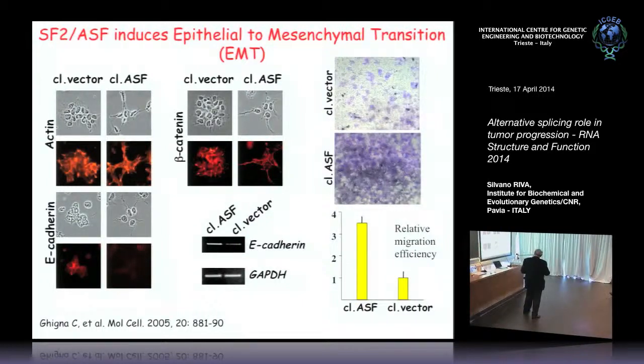It induces the epithelial to mesenchymal transition. You know, cells are different types. There are epithelial cells that are in the epithelia, and the epithelia are the tissues where most solid tumors occur, because it's an enormous amount of surfaces: lungs, intestinal epithelia, skin.